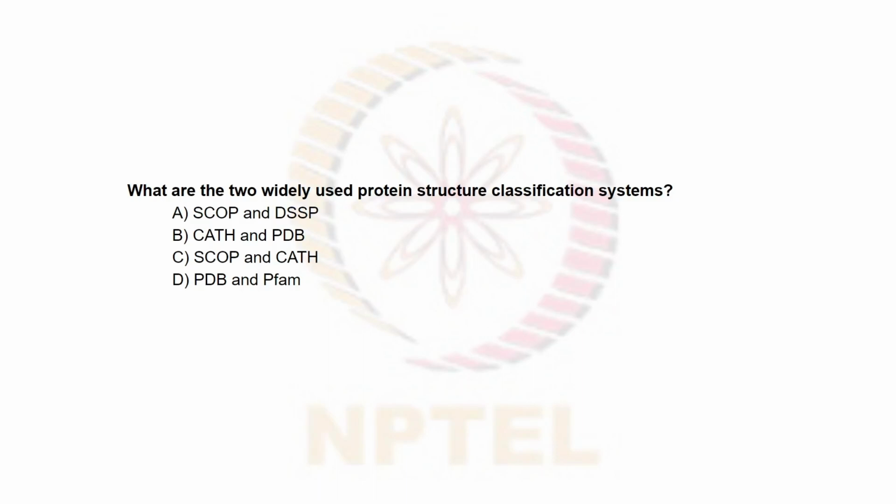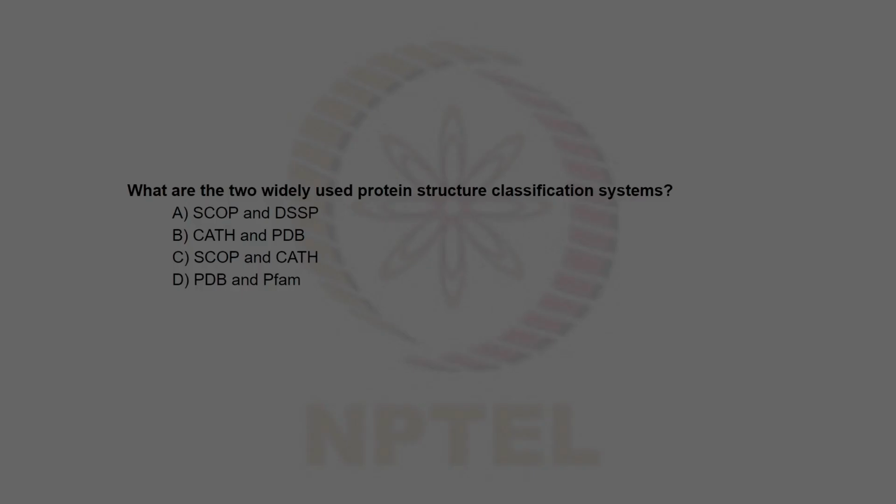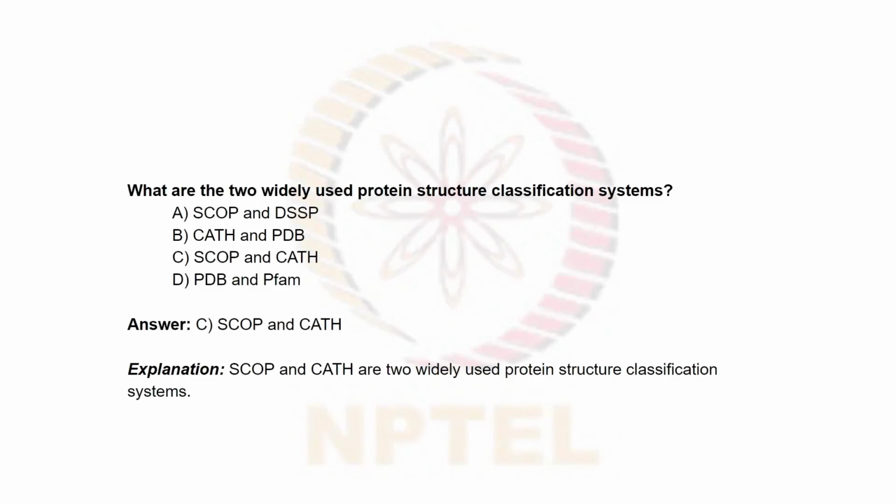So what are the two widely used protein structure classification systems? Yeah, so SCOP and CATH as we just discussed.